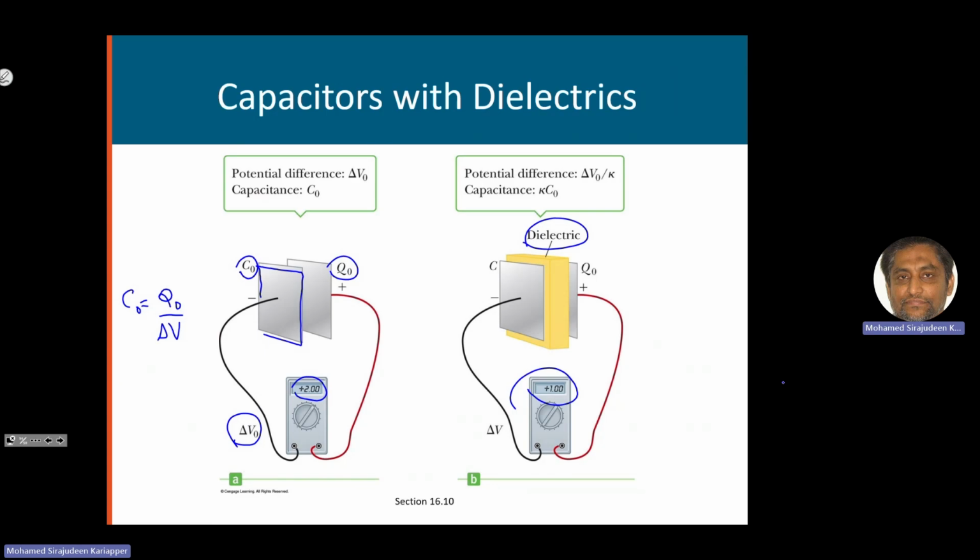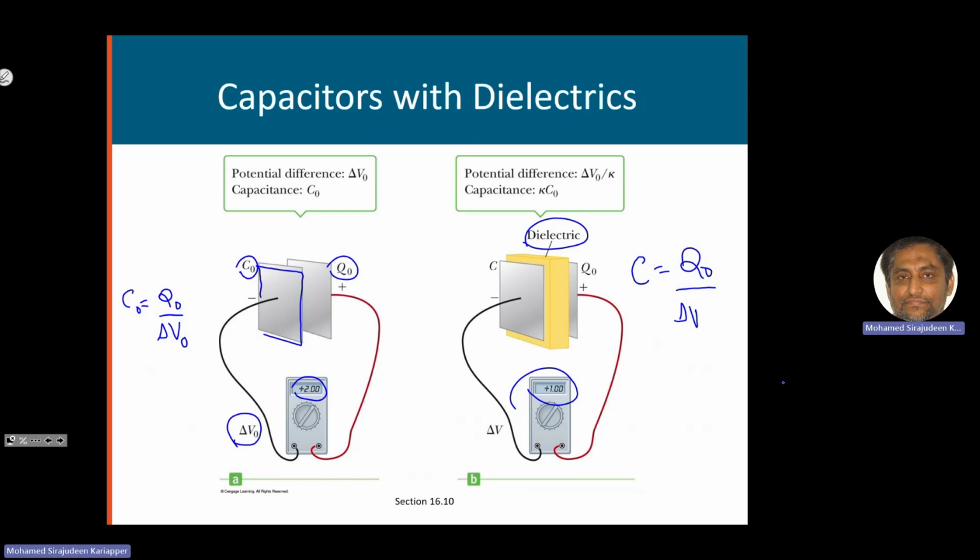So now if you want to know what the capacitance is, by definition, the charge doesn't change because it's not going anywhere. The voltmeter just measures the potential difference, and we divide by the new voltage. Let me call it delta V here, and let me call the initial one delta V0. Delta V currently is less than delta V0, the initial voltage. Now, you can see in the display, it has reduced from 2 volts to 1 volt.